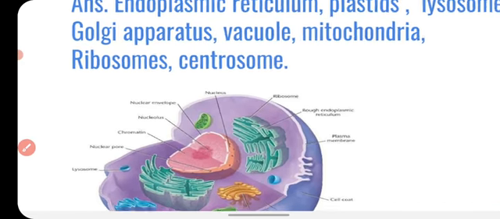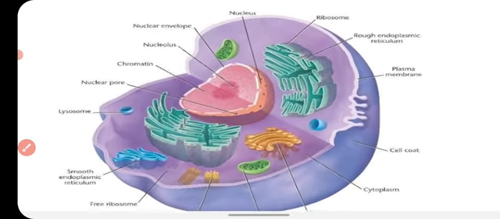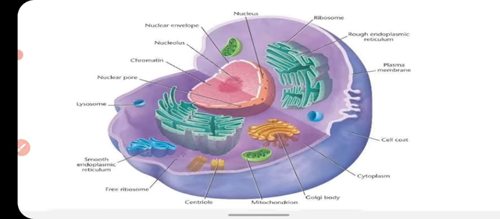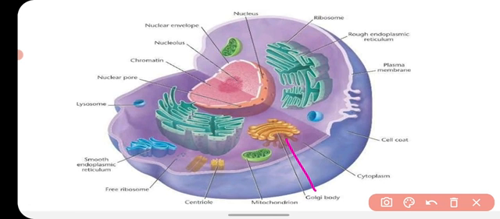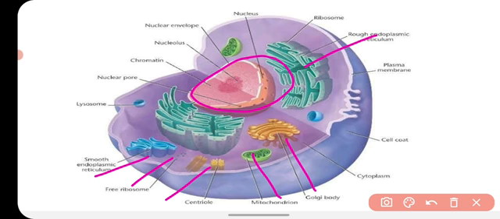You can see in this diagram, all the cell organelles are given. This is the Golgi body, mitochondria, centriole, ribosomes, smooth endoplasmic reticulum. Then this is the nucleus, and this is the rough endoplasmic reticulum. So these are the cell organelles which are found in the eukaryotic cells.